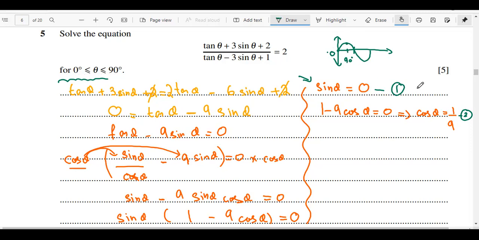What value of theta is giving you 0 value of the function? Yes, pi will give you 0, you are right, but pi is not in the range. We only have the range from 0 to pi by 2. It's 0 to 90 degrees, that means 0 to pi by 2.